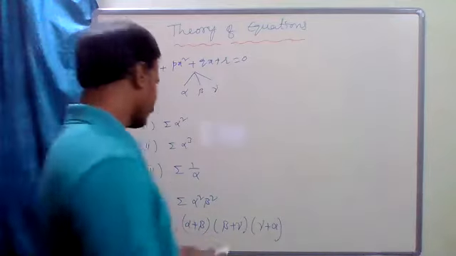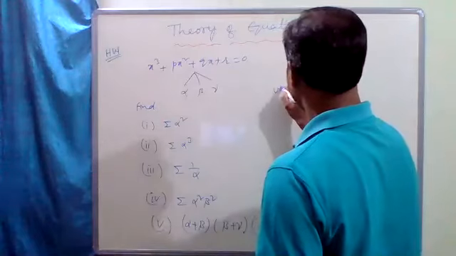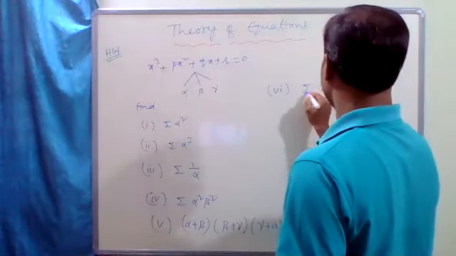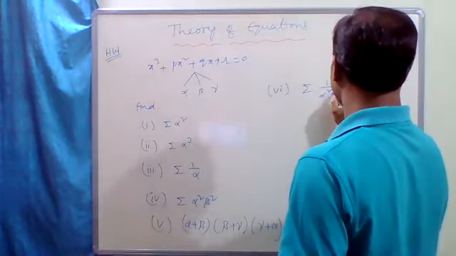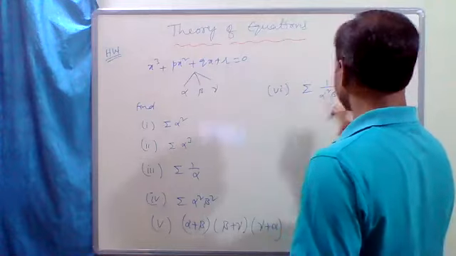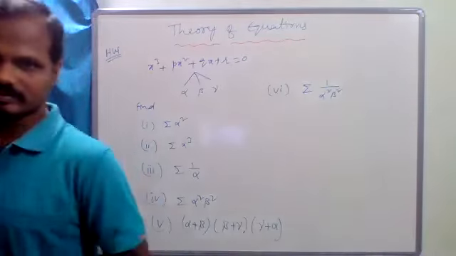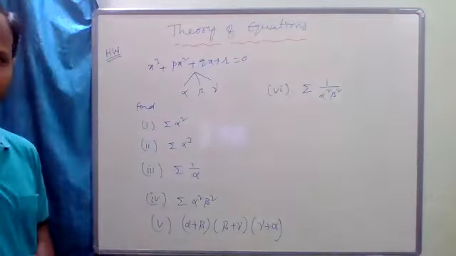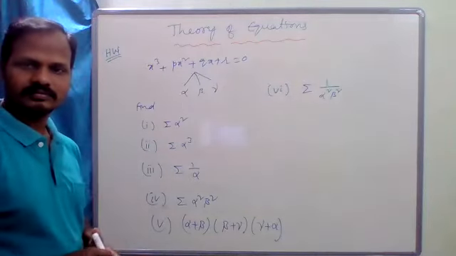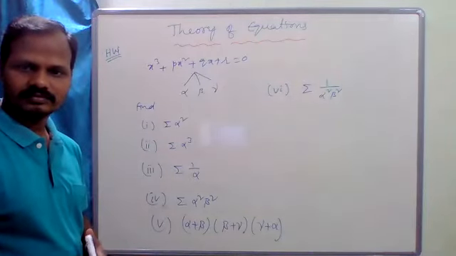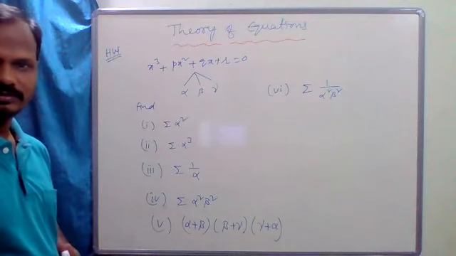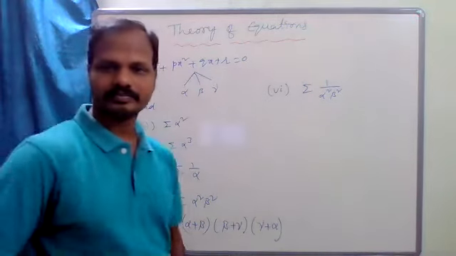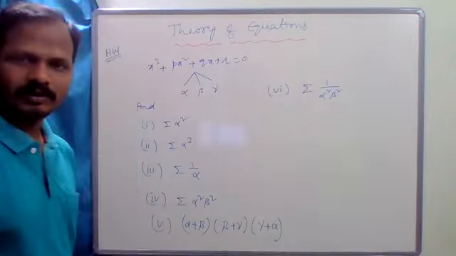So this is the homework problem. One more: sigma 1 by alpha square beta square. Okay, so this is the homework problem.